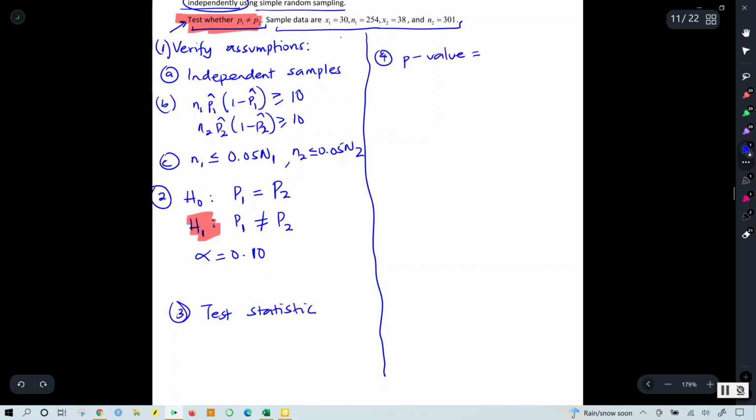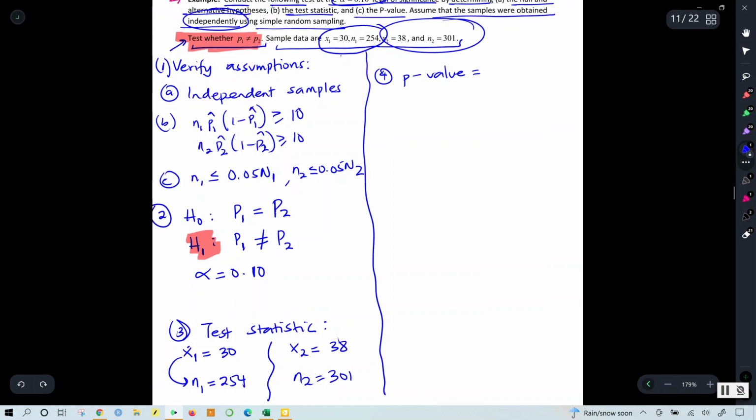All right, so let's first find the test statistic. To do that, we're going to need x1 is 30 out of n1, which is 254. I'm getting that from the given question, versus x2, which is 38 out of n2, 301. Okay, so we're going to key this into StatCrunch.